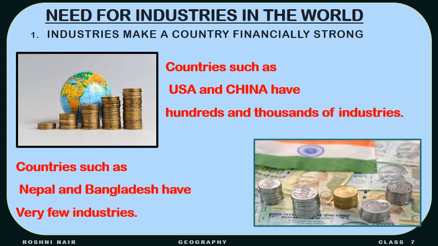Some countries like Nepal and Bangladesh have few industries. In particular, every country of the world, industries contribute a lot to its national income. Important line here. Every country of the world, industries contribute a lot to that particular country's national income.